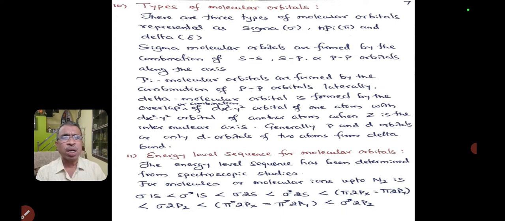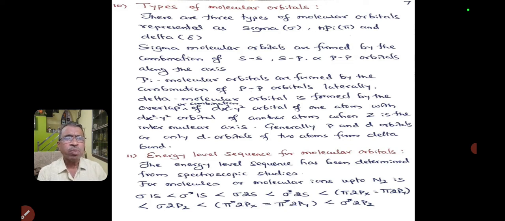These are represented as sigma 2pz and sigma star 2pz. The px and py atomic orbitals overlap laterally to form pi 2px and pi 2py bonding molecular orbitals, and pi star 2px and pi star 2py anti-bonding molecular orbitals.